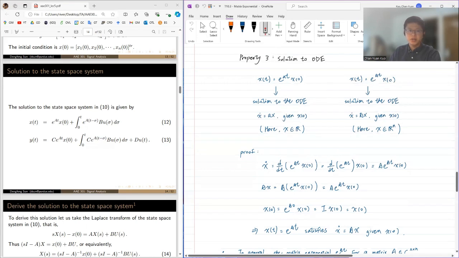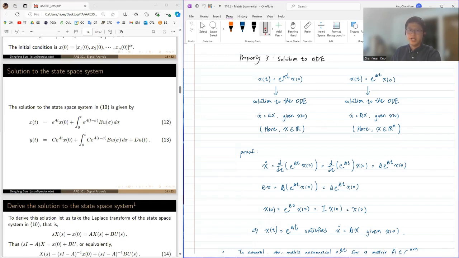Now let's prove this. First, we look at the derivative of x of t. We see that the derivative of x is equal to A times the matrix exponential e to the A times t times x of 0. Next, we look at A times x of t, and we see that it is equal to A times the matrix exponential e to the A times t times x of 0.